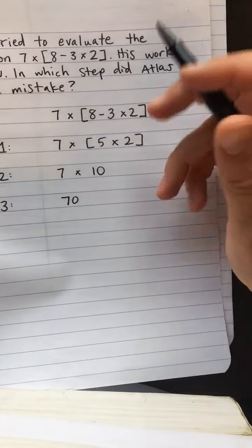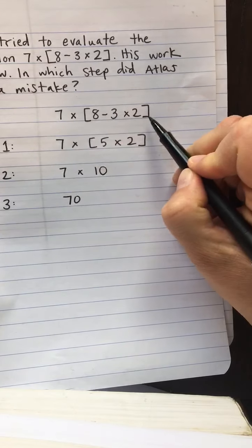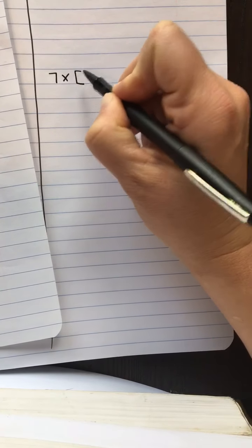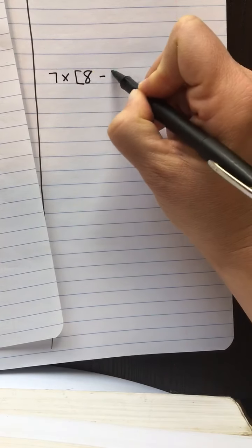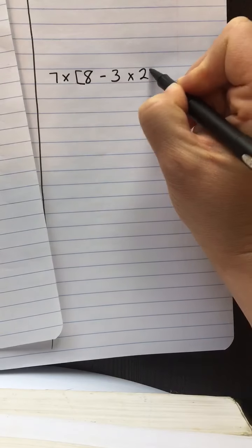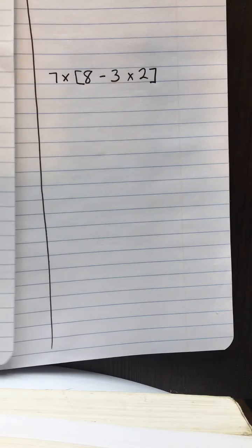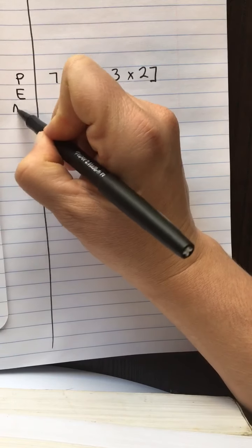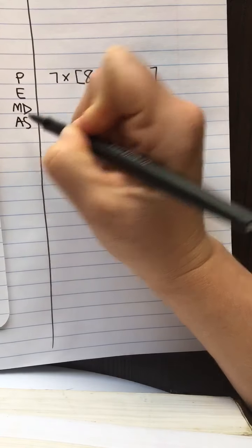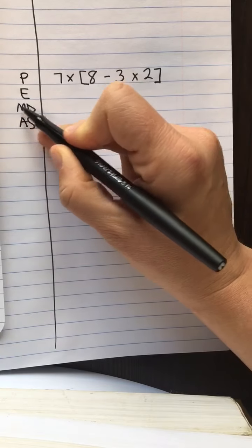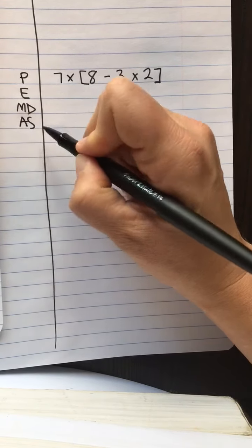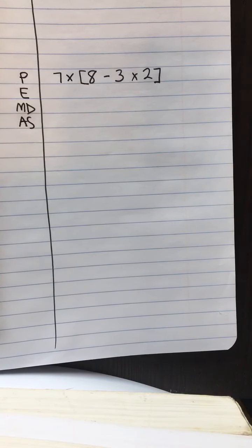So I'm looking at Atlas's work, and it started with 7 times, and I'll write that out. 7 times bracket 8 minus 3 times 2. And I always write out PEMDAS to make sure I'm not making a silly mistake. PEMDAS, parentheses, exponents, multiplication and division at the same time from left to right, addition and subtraction at the same time from left to right.